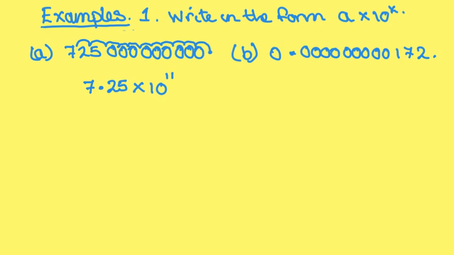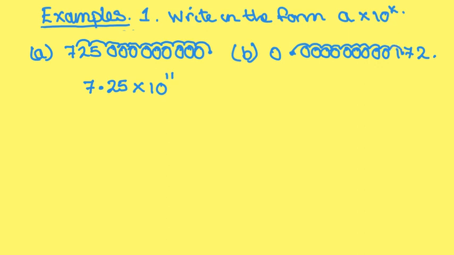So 725,000,000,000,000 written as standard form is 7.25 times 10 to the 11. B, write 0.0000000000172 in standard form. Again, we're going to move the decimal point. So we're going to move it 1, 2, 3, 4, 5, 6, 7, 8, 9, 10.